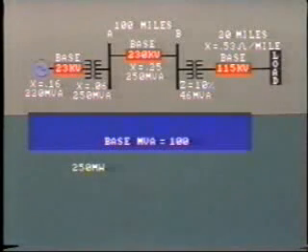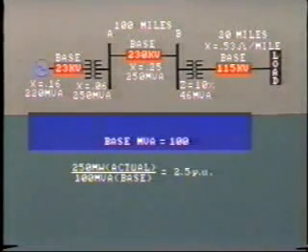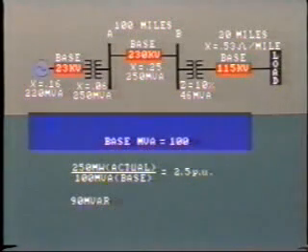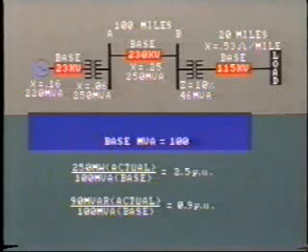For example, 250 MW would be 250 MW actual power divided by 100 MVA base power, or 2.5 per unit. Similarly, 90 MVAR would be 90 MVAR's actual reactive flow divided by, again, 100 MVA base power, or 0.9 per unit.